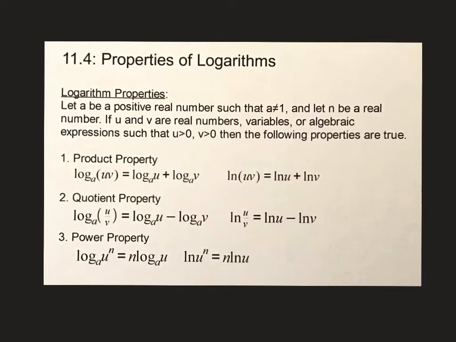And then the third one is the power property. So if you have log base a of u to the nth power, you're going to bring that exponent to the front and multiply it. So it becomes n times the log base a of u.